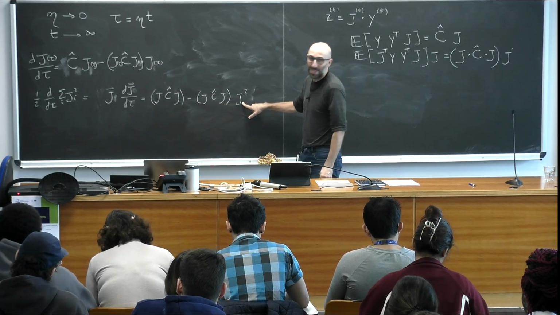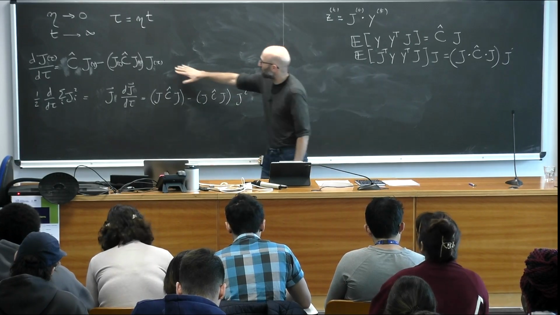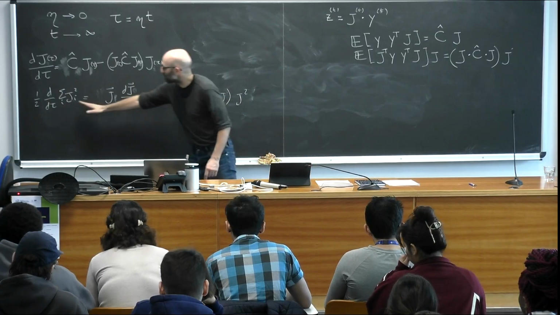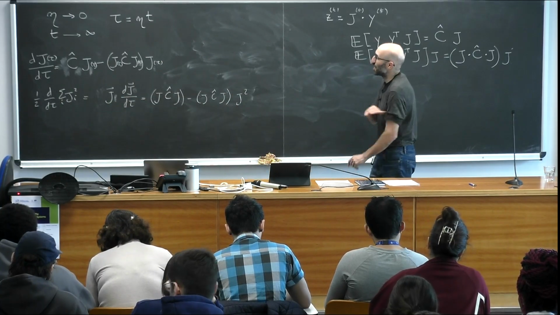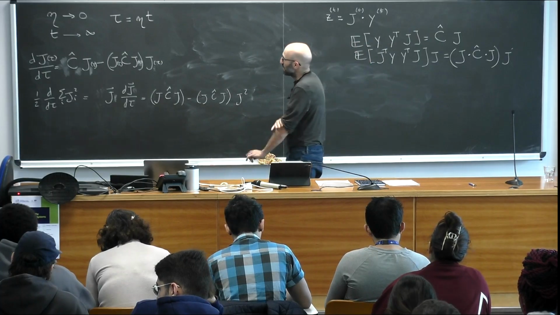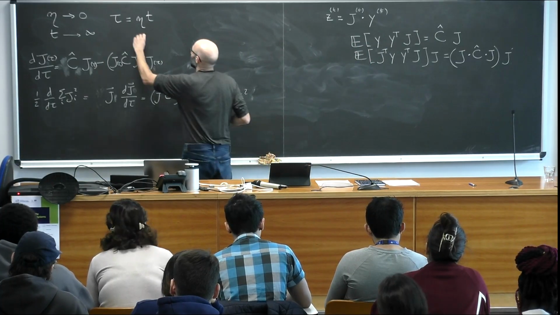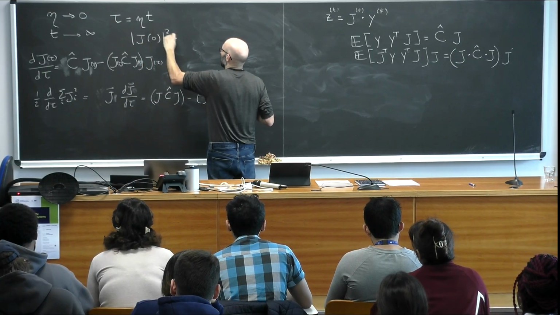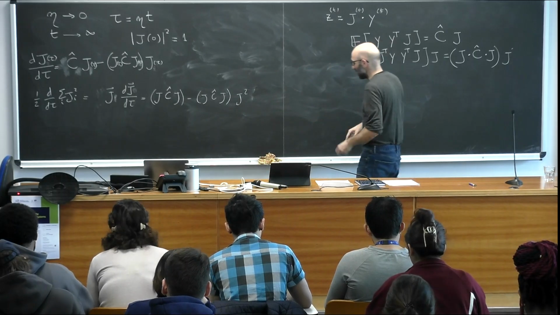So if j square is equal to 1 at the beginning of the dynamics of this algorithm, then this is 0, and j square is not changing. So if you start with a normalized vector, it will stay normalized. Okay? So we will assume that j0 is random, but with unit norm, and then the norm will be 1 all the time.